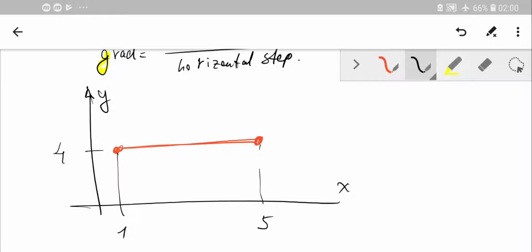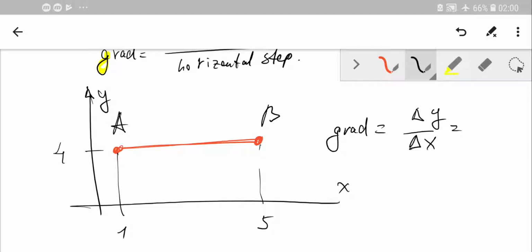Okay, so we have 2 points A and B. How do we define the gradient? So gradient by definition again is change in y over change in x, and we can say that is basically 4 for A minus 4 for B.